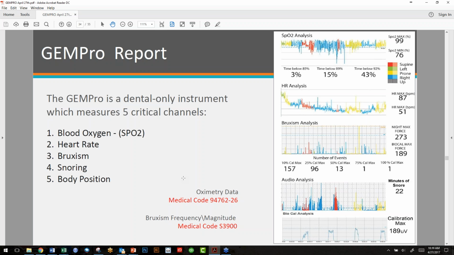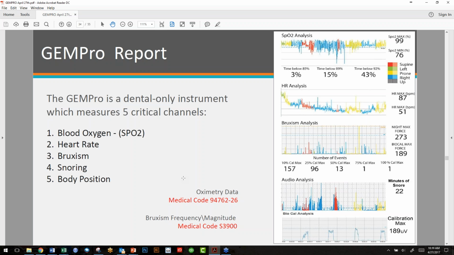So rather than do all the averaging that a lot of oximeter companies do, we actually report the full range, and we do much less averaging than our competitors do on this particular channel. The heart rate, you see it there, is pretty handy, especially in the more mild cases, because sometimes you'll see very few desaturations, but a lot of heart rate variability.